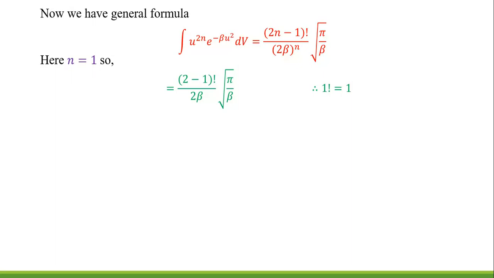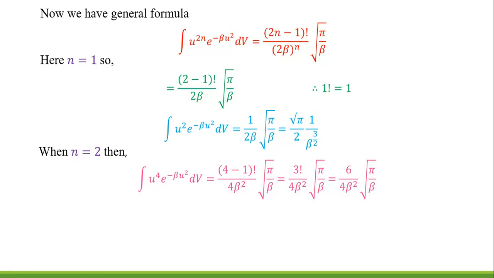So if n is equal to 1, this combination gives us 2 minus 1 factorial over 2 beta, and square root of pi by beta, which is the solution of the u square exponential minus beta u square du. It gives you this combination.